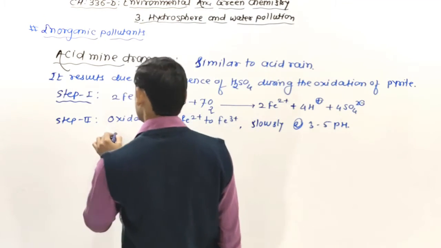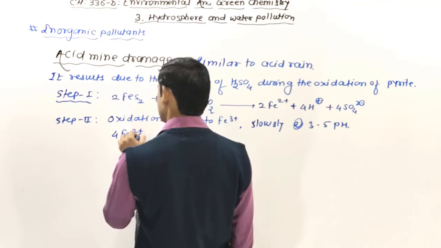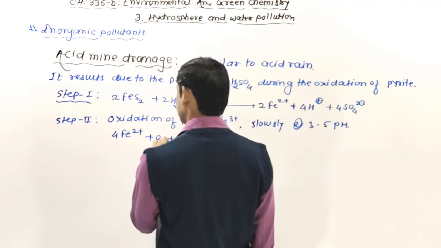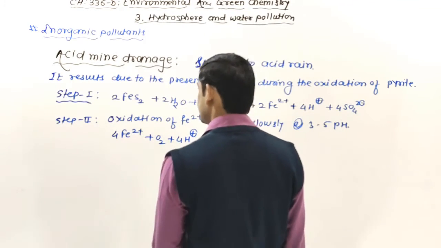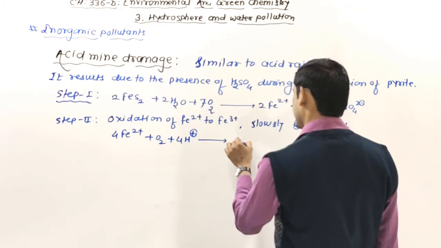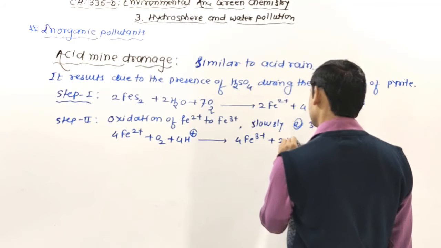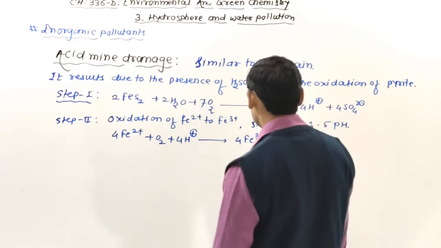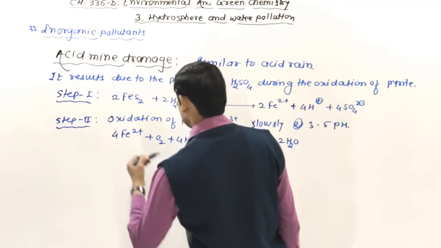The corresponding reaction is in this way. (4H+) means due to the acid, it gives Fe3+ and H2O. That was your second step.